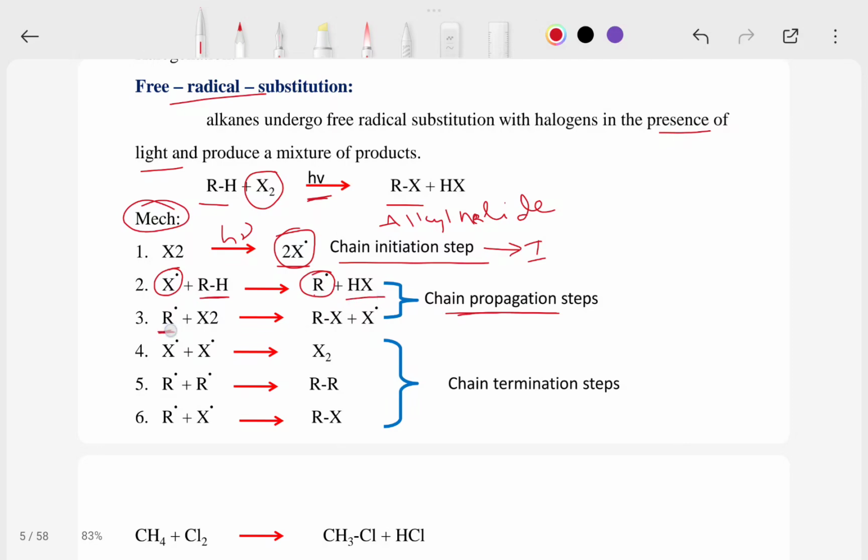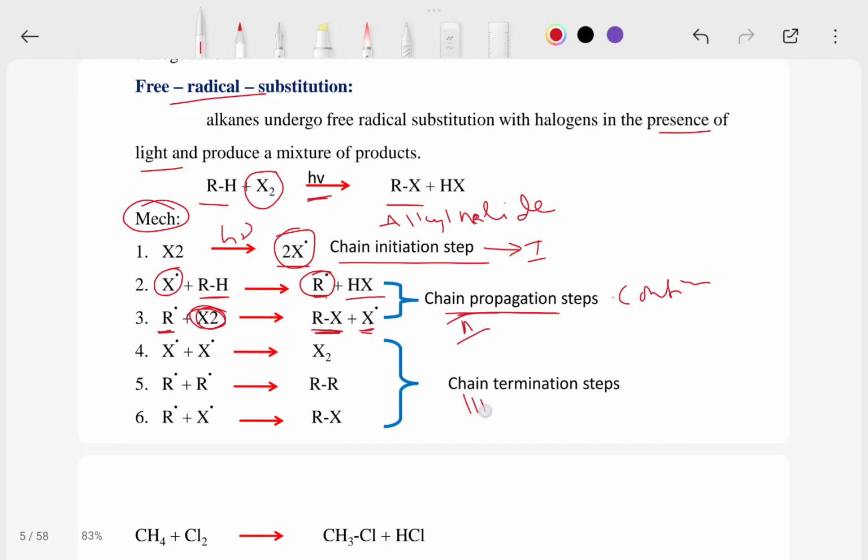This alkyl radical again reacts with halogen and forms alkyl halide and halogen radical. This halogen radical again reacts with alkane and again forms alkyl radical. This step is continuous, and this is the second step.